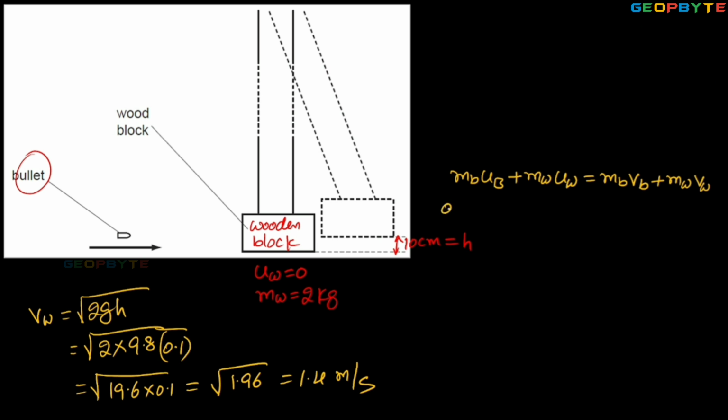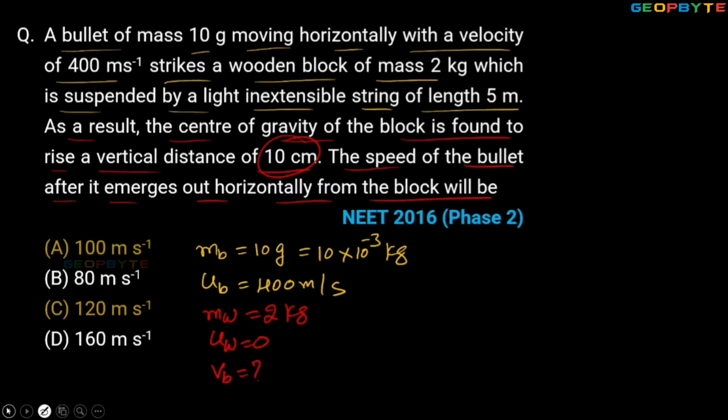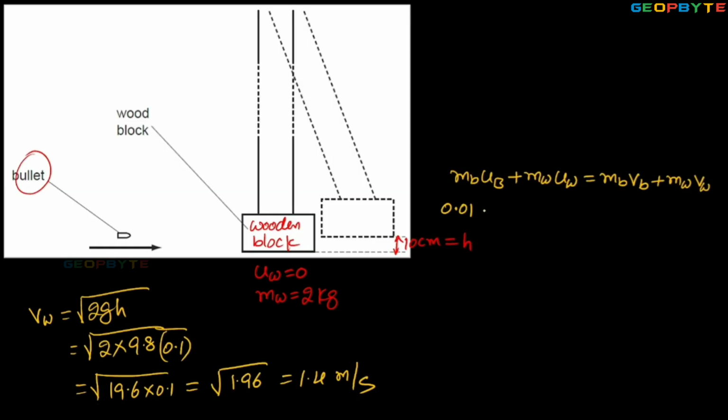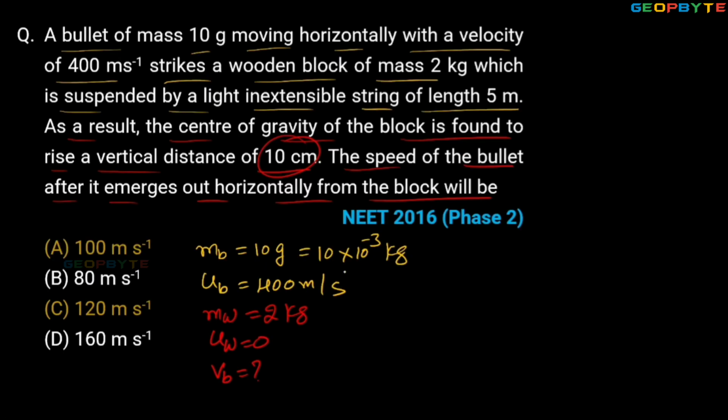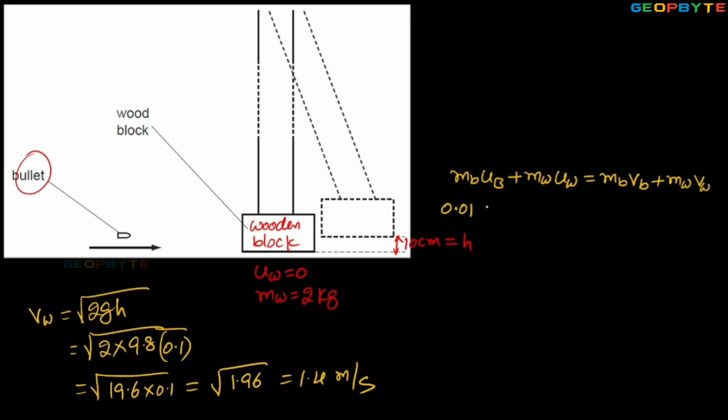Mass of the bullet 0.01, that is 10 by 1000, 0.01, correct. 0.01 multiplied by initial velocity of the bullet, which is given 400 meter per second, plus 0, is equal to mass of the bullet 0.01 into velocity of the bullet plus mass of the wooden block 2 into 1.4, root 2gh, correct.